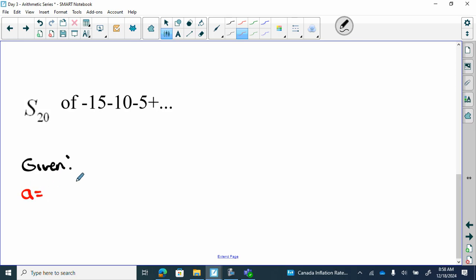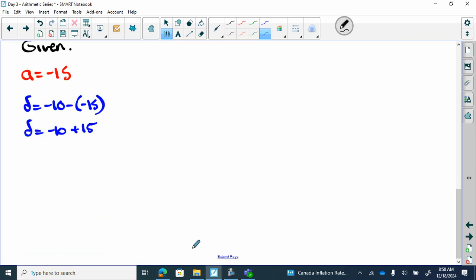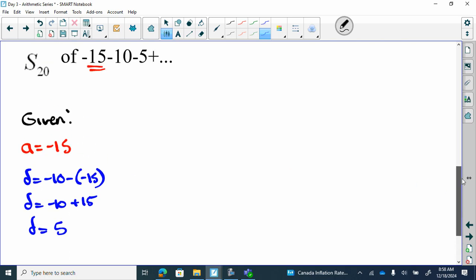A value is negative 15. All right, the common difference. If you're not sure, what should you do? So I'm going to take term 2, negative 10, and I'm going to subtract term 1. 2 negatives make a positive. What do you get for a common difference? 5.